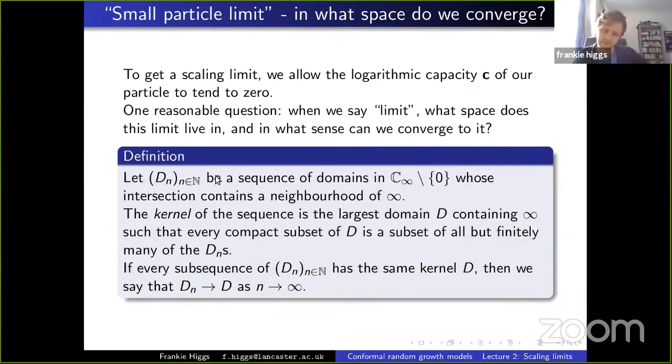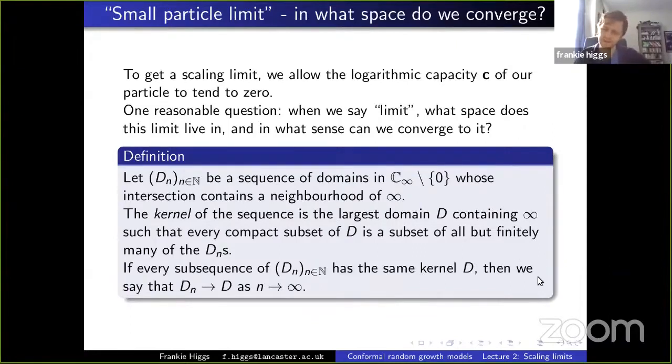Instead, it's this, which we call the Carathéodory topology on the set of domains. So we can consider clusters, that is compact subsets, or equivalently, we can just consider their complements. That's perfectly fine because you just take the complement. Convergence of one is exactly convergence of the other.